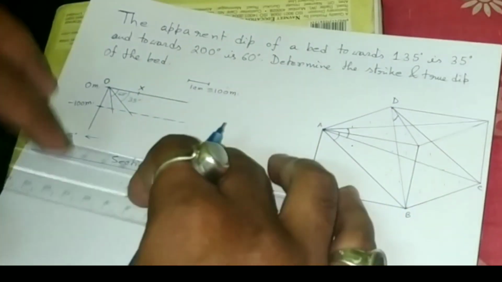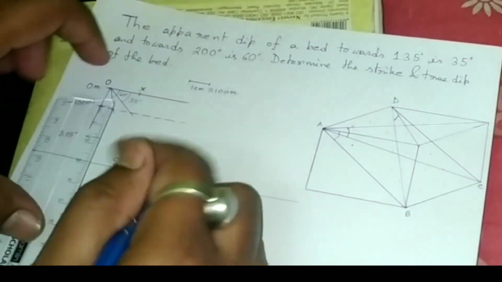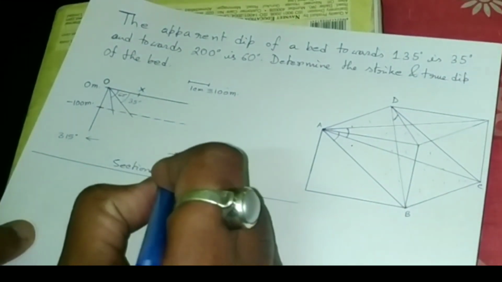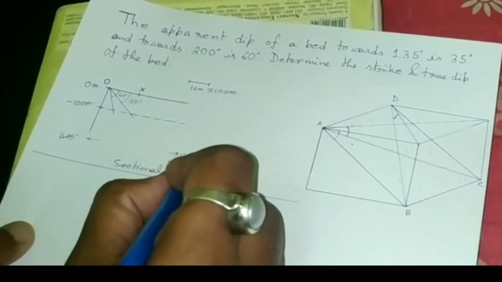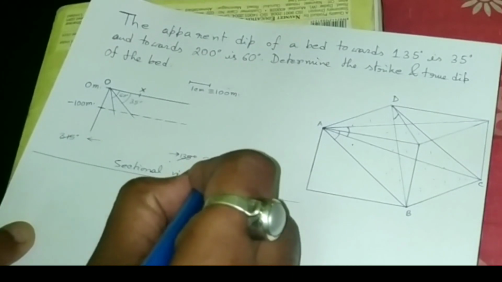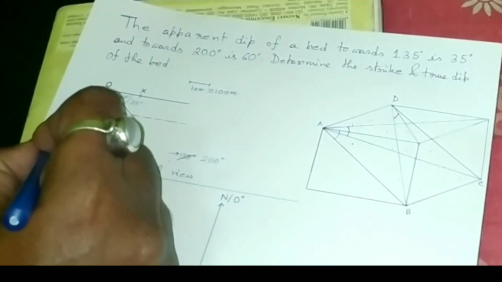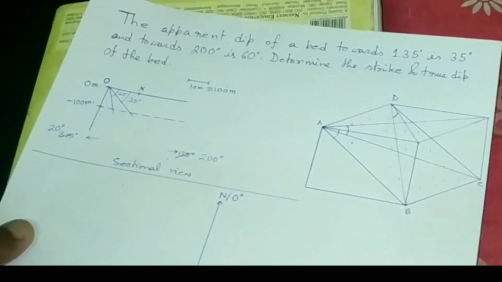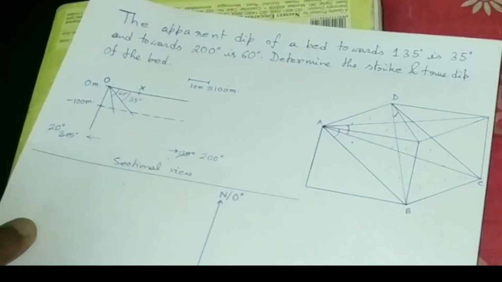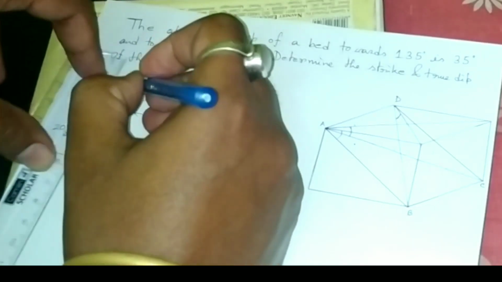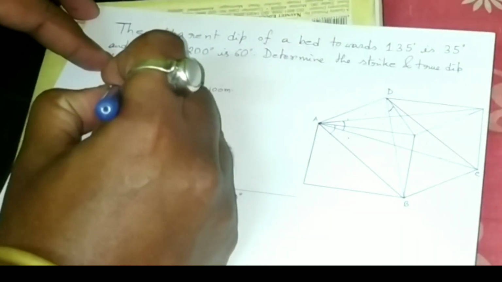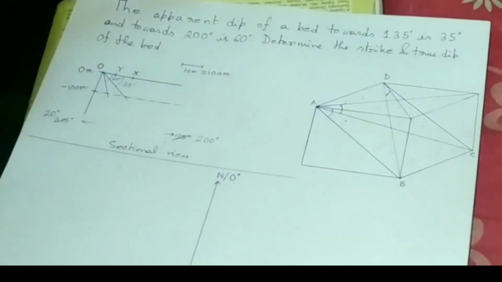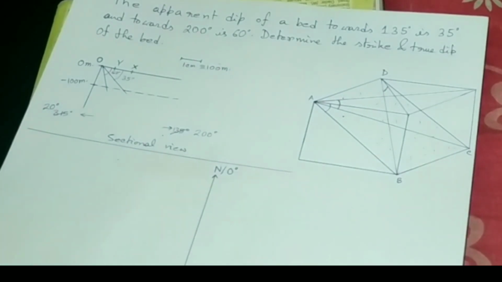With similar logic, now the trend has become 200 degree and 20 degree in the second case. So applying similar logic, we will get another strike spacing called OY.